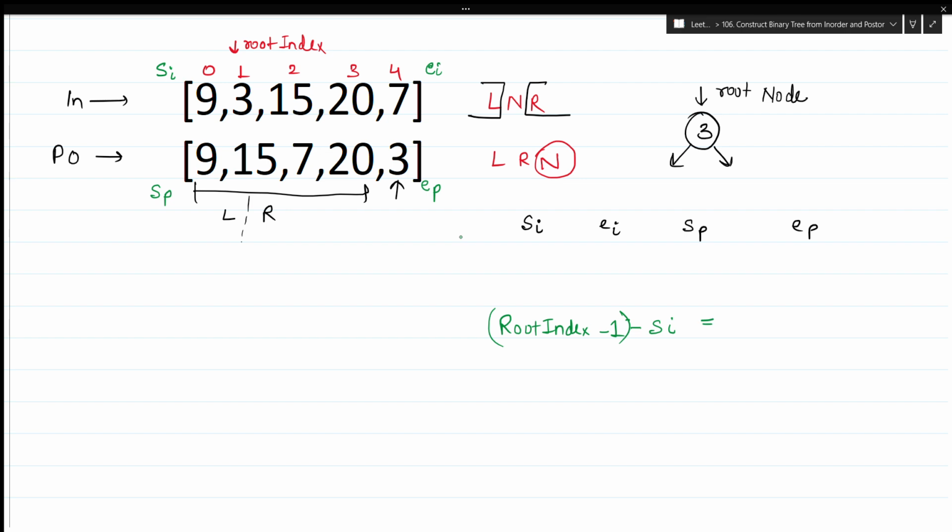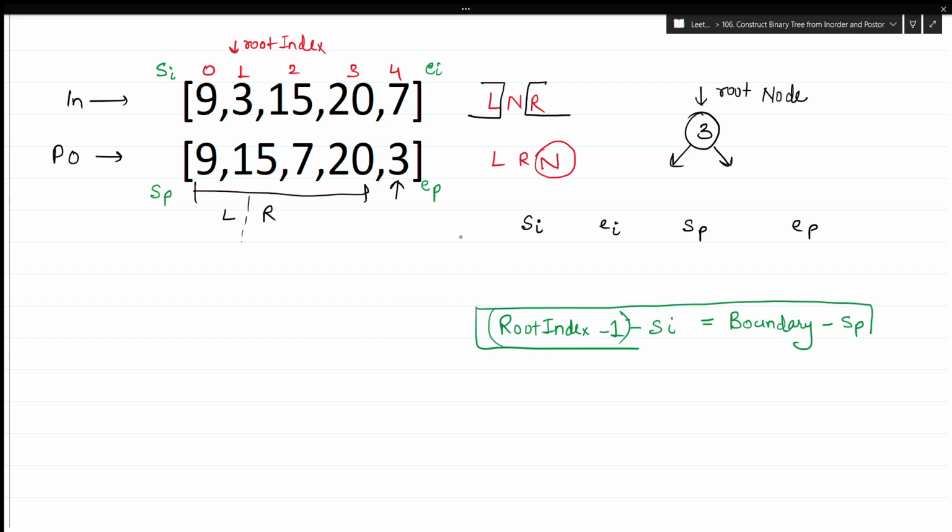I need to find out the boundary of the left nodes in my postorder. The number of elements on the left in inorder will be the same as the number of left nodes in the postorder traversal, but I need to find a boundary here. So boundary minus SP can be equal to that.